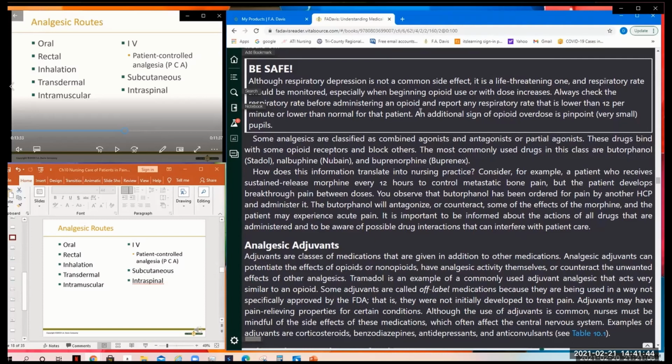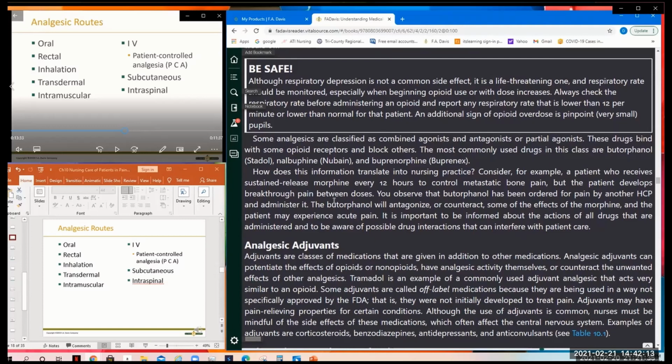The butorphanol will antagonize or counteract some of the effects of the morphine, and the patient may experience acute pain. It is important to be informed about the actions of all drugs that are administered and to be aware of possible drug interactions that can interfere with patient care.